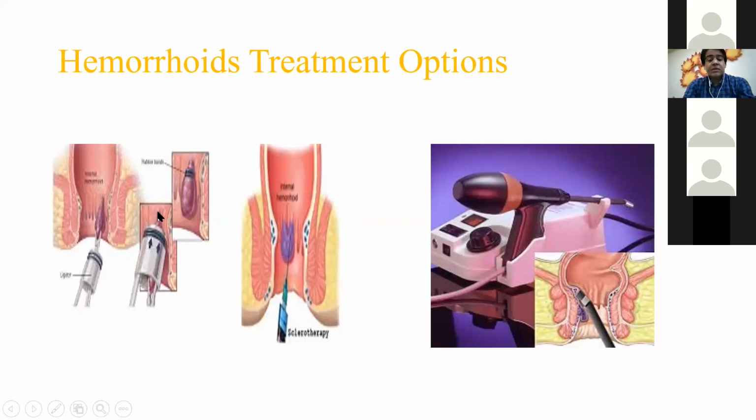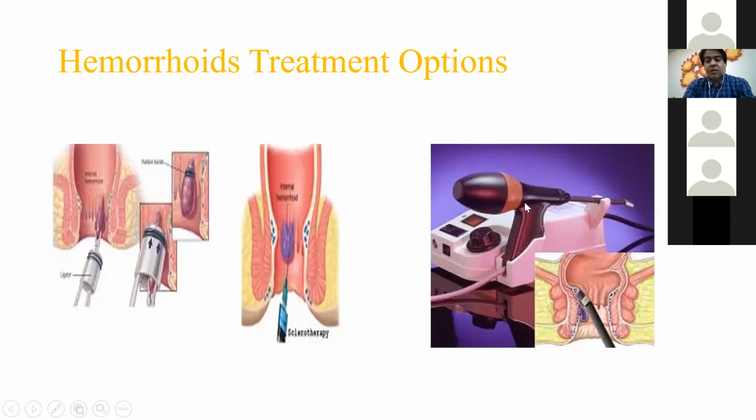We are routinely doing this procedure in our endoscopy setup. If patient has a large internal hemorrhoid, we can place these rubber bands, which easily reduce the bleeding from hemorrhoid. And in case of the sclerotherapy, different sclerotherapeutic agents can be directly injected into the internal hemorrhoid.